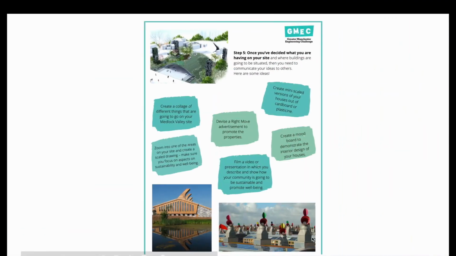Now, I've got a few ideas here, so let me just show you. And these are in your pack. The sheet is in your pack. So you might do something like create a collage of different things that are going to go on your Medlock Valley site. You might create a Rightmove advertisement to promote the properties. You might zoom into one of the areas on your site and create a scale drawing, making sure you focus on the aspects of sustainability and well-being.